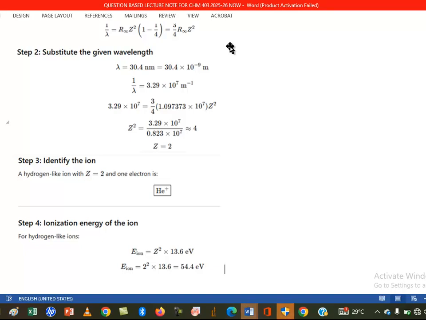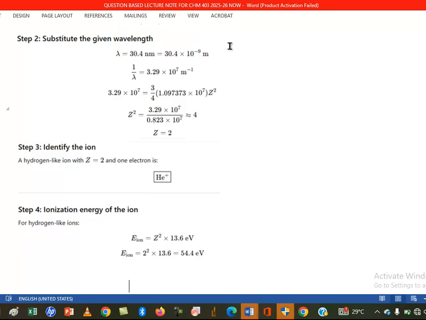It's equal to the energy of the ion, Z square times 13.6 electron volts. So now that we have our Z square already, which is 4, times 13.6, that gives us 54.4 electron volts. So that's your answer right there.